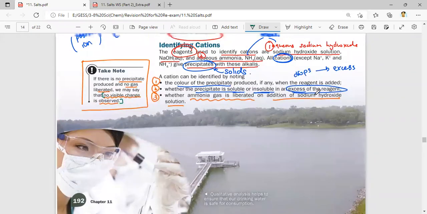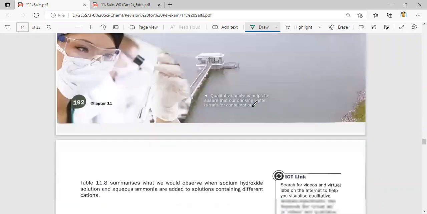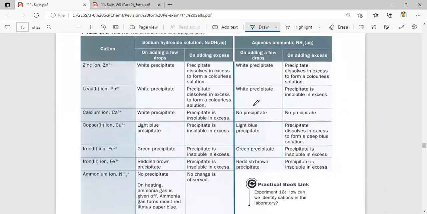So the question is, you can add these two reagents, but what exactly are we looking out for? How do we differentiate between all the various cations? First thing, you need to know only these few cations: 1, 2, 3, 4, 5, 6, 7. Seven cations that you must be very clear on how to differentiate between.